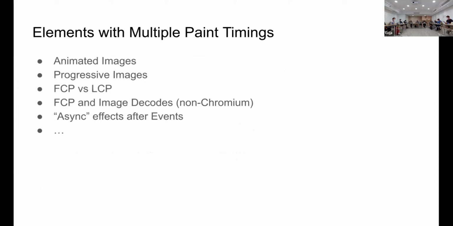So as you're loading the resource for an animated image, you might have enough content to render the first frame. That element is now contentful and painted, and we can mark its timing. But you might want to know also the last frame when the resource is fully rendered or whatever it is. So you're actually exposing multiple paint timings, each of which could have any number of those time points.